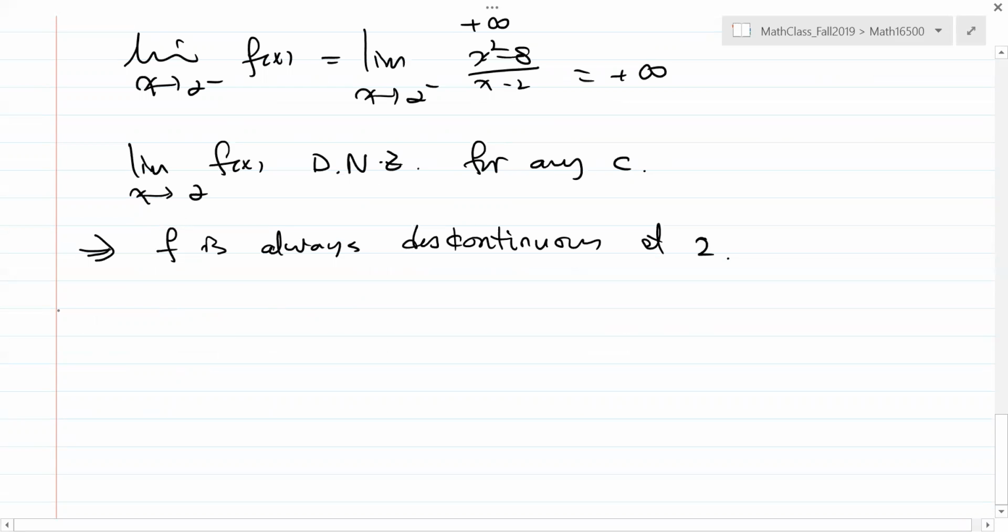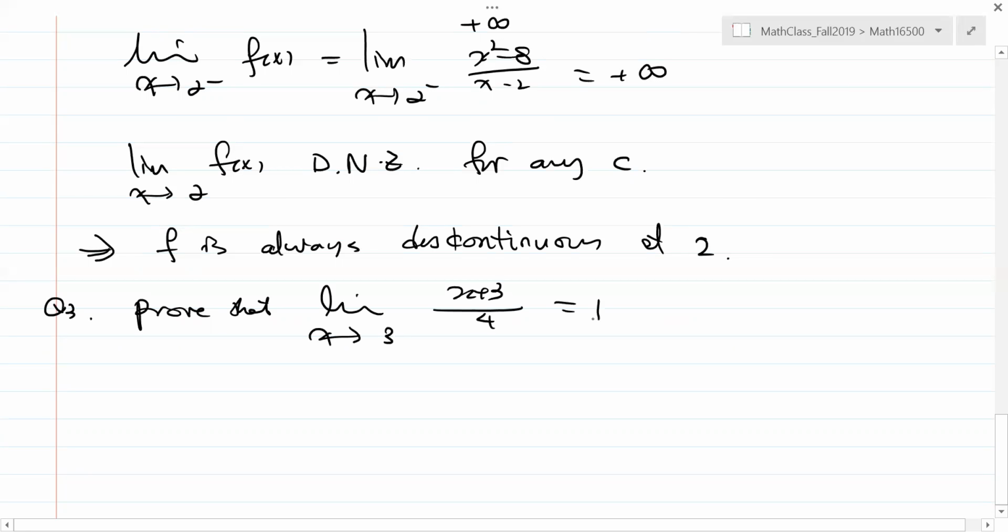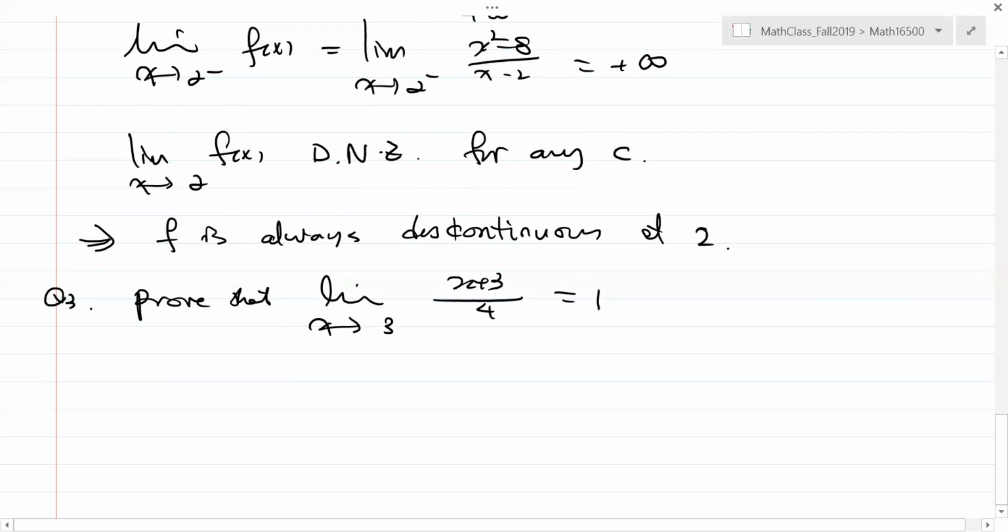Okay, the third problem. Prove the limit as x approaches 3 of (x plus 3) over 4 is equal to 1. We know the limit is 1. To prove that means you have to prove the statement. It's equivalent.